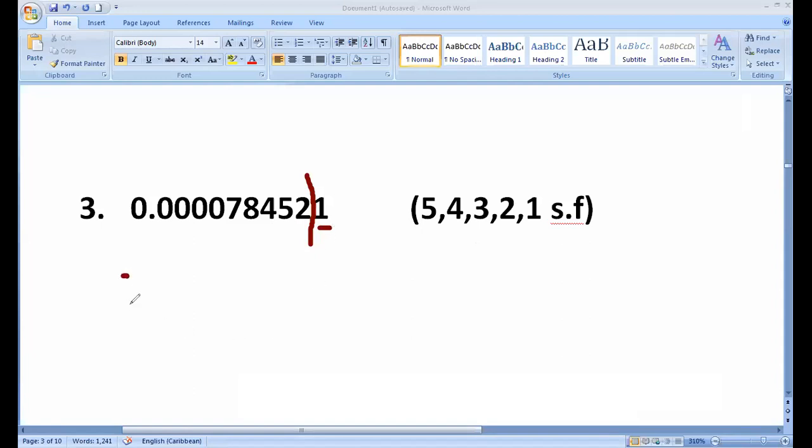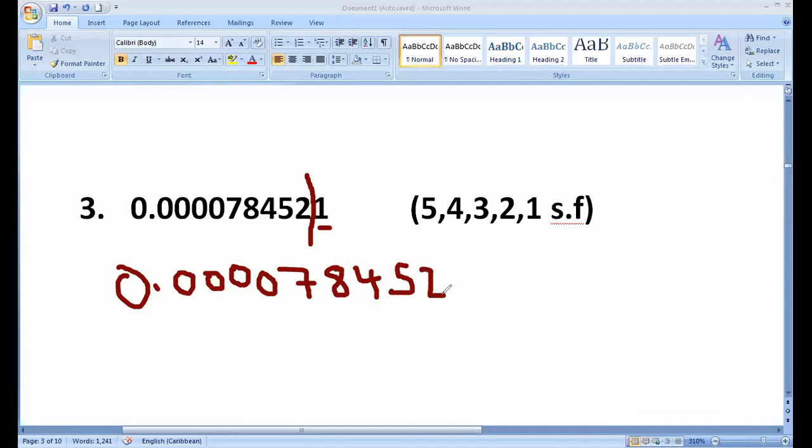So our answer would be 0.0000784, 78452. And this is to 5 significant figures. And I know if I ask you to do 4, 3, 2, 1, you can do it.